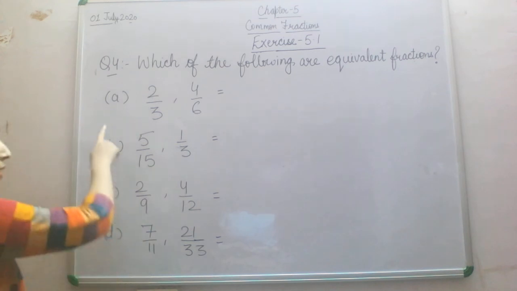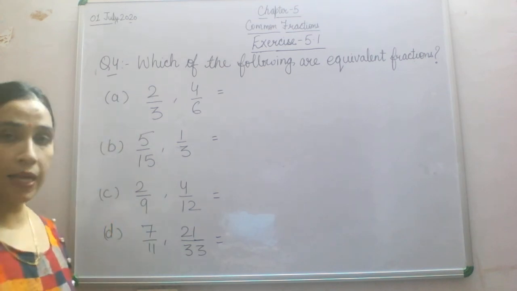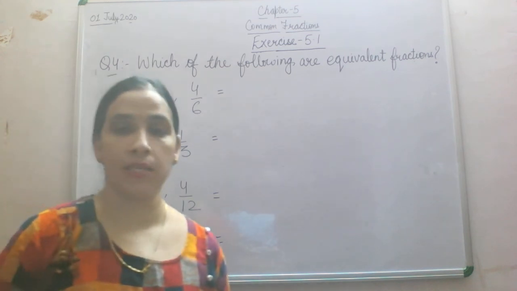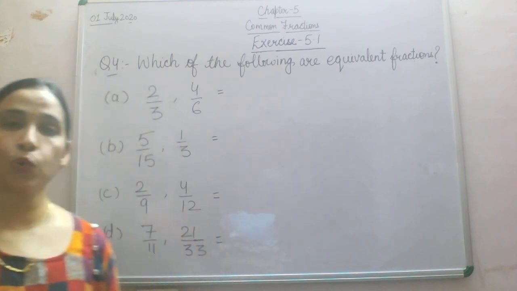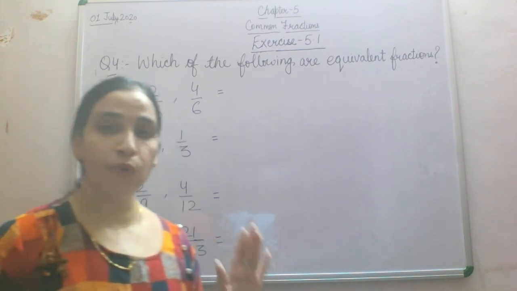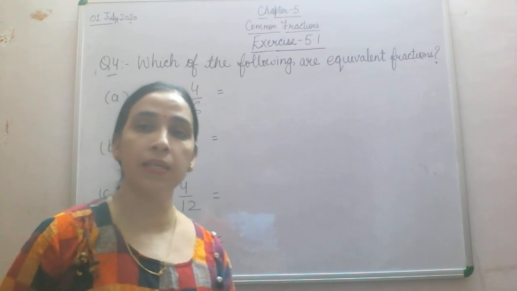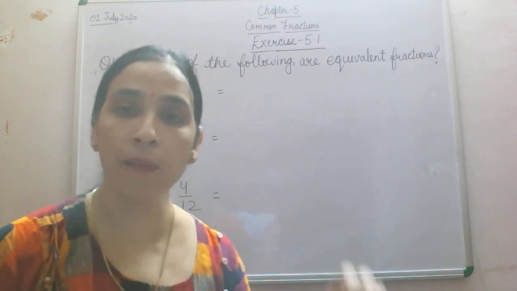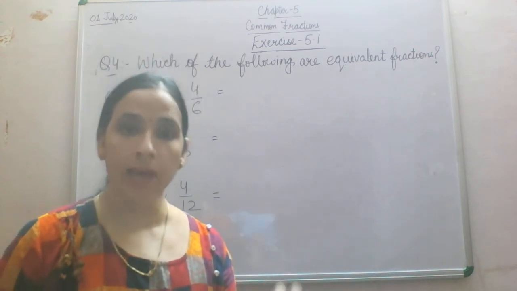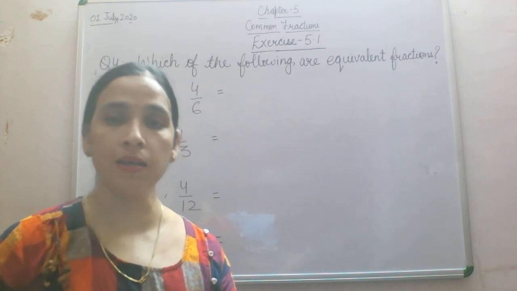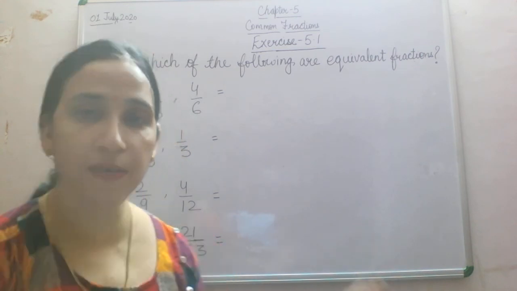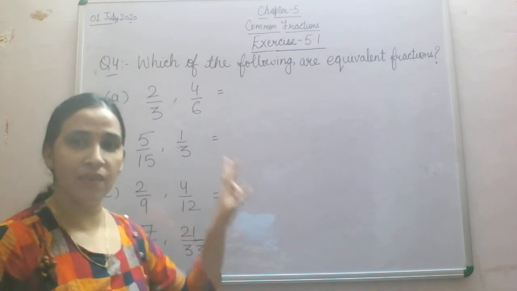Here in part A we have been given 2 by 3 and 4 by 6. Children, what you have to do is see that if you multiply 2 by 3 by a common number and get 4 by 6 as the answer, then we will say the given two fractions are equivalent fractions.